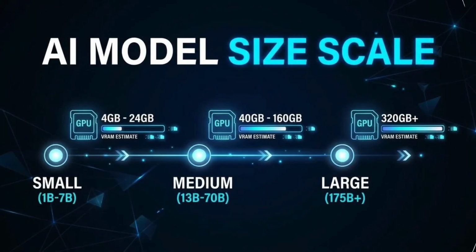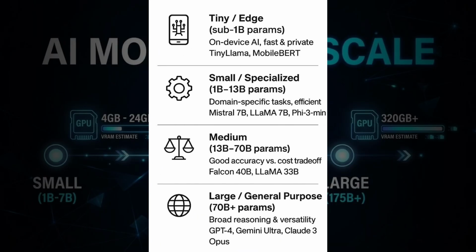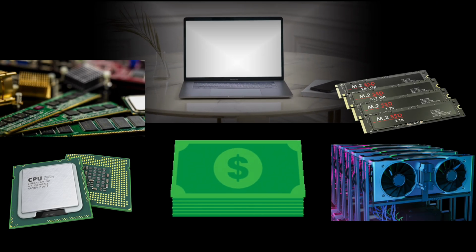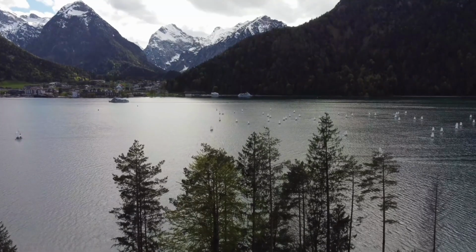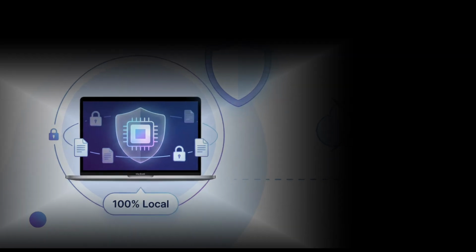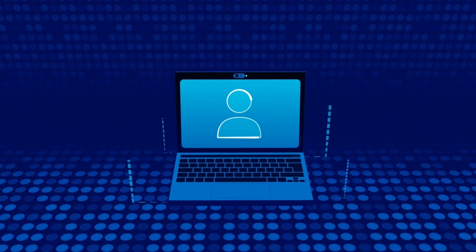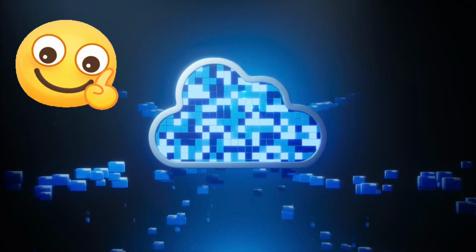So don't start by downloading the biggest model you can find. Start small. Get something running. Then move up to a larger model if your hardware can handle it. The models can be free, but the real cost of local AI is the hardware you run them on. And there's one major advantage. When your setup is genuinely local, your prompts and files can stay on your machine instead of being sent to a cloud AI service.